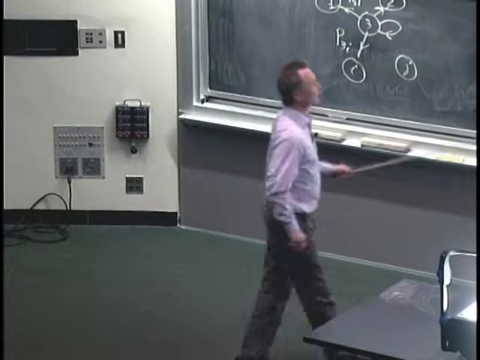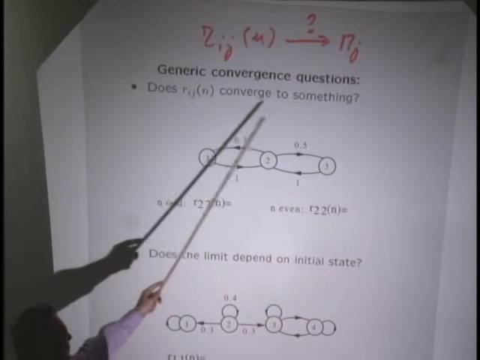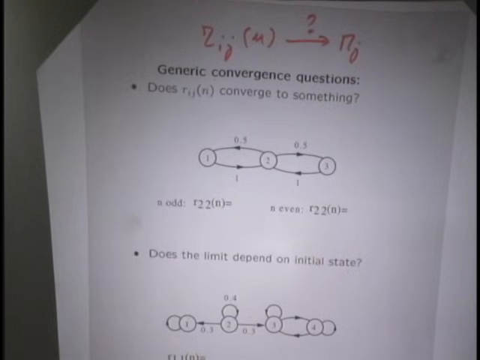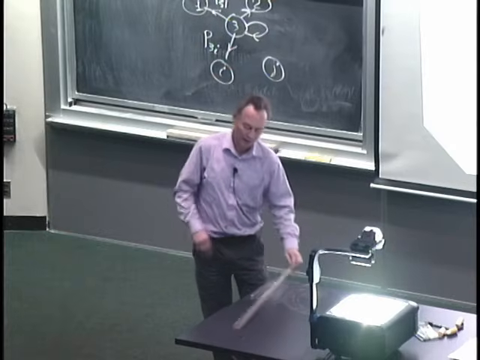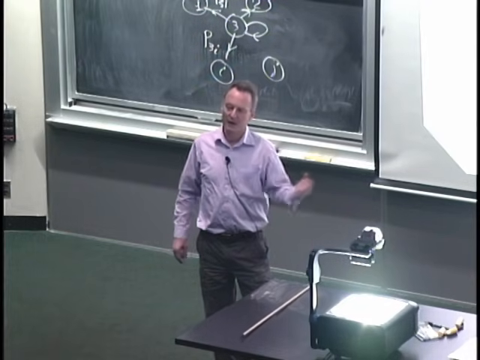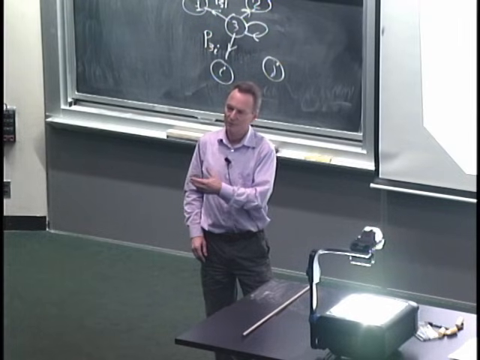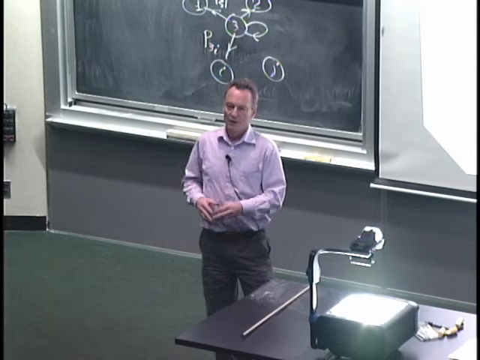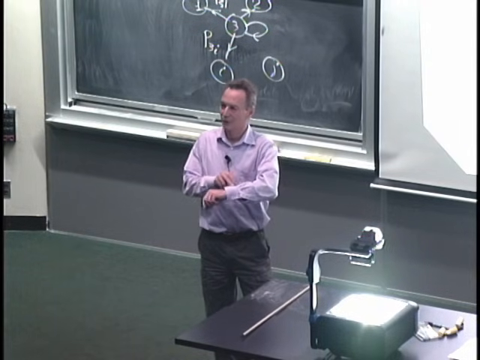So let's think first about the issue of convergence. Convergence as n goes to infinity to a steady value really means the following. If I tell you a lot of time has passed, then you'll tell me, okay, the probabilities are equal to that value without having to consult your clock.